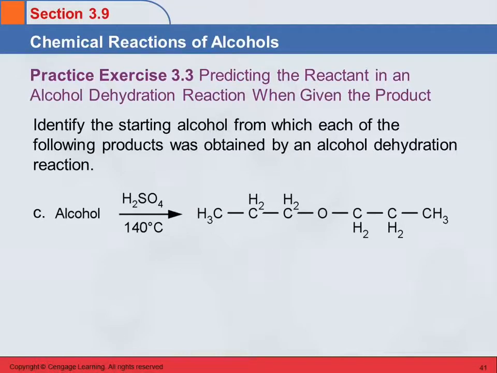Let's look at this one. Now, what's different about this one? There's 2 things. There's the temperature, and there's the type of compound that the product is. Is this making an alkene? Is this product an alkene? Is there a double bond?